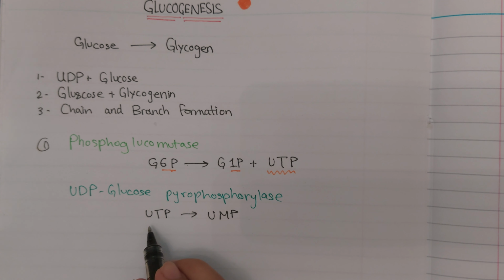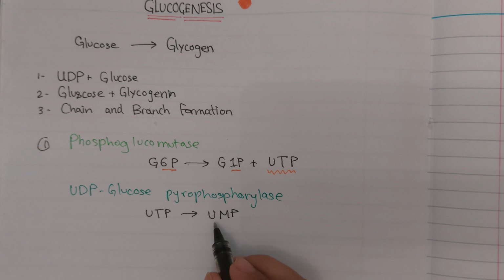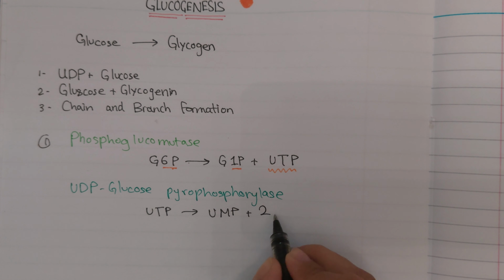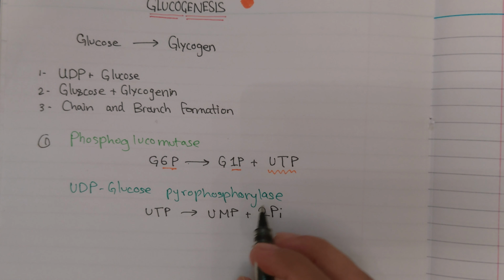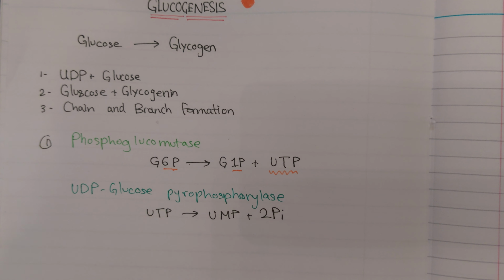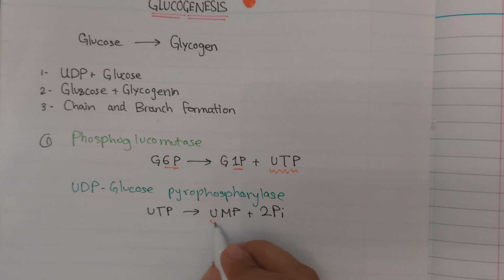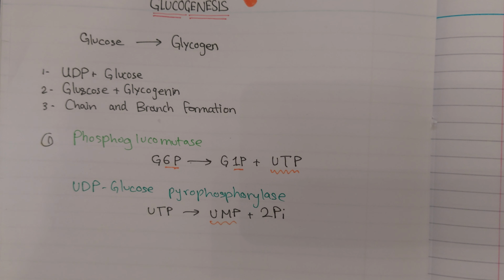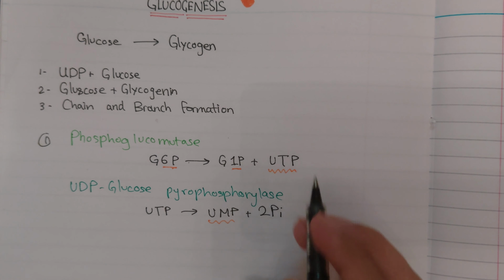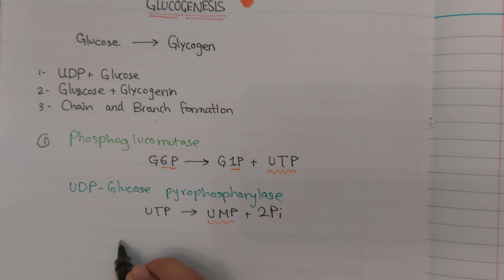So this is uridyl triphosphate. It is converted to uridyl monophosphate, essentially releasing 2 molecules of phosphate. And that one molecule of UMP binds with this glucose 1 phosphate.